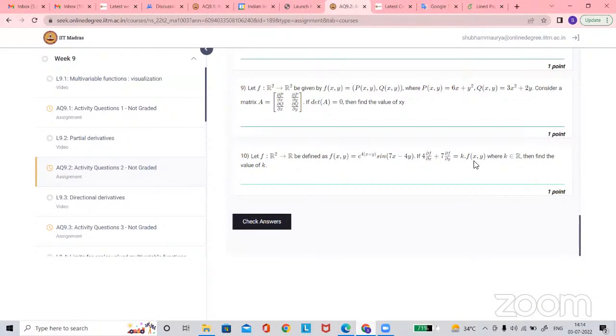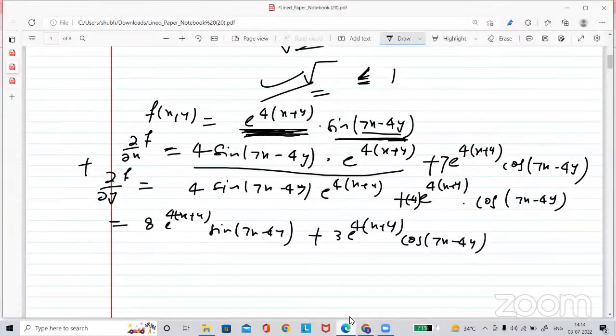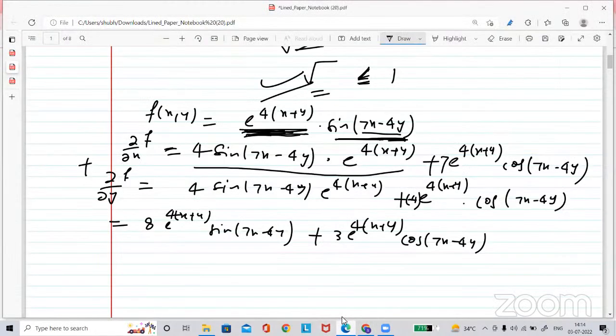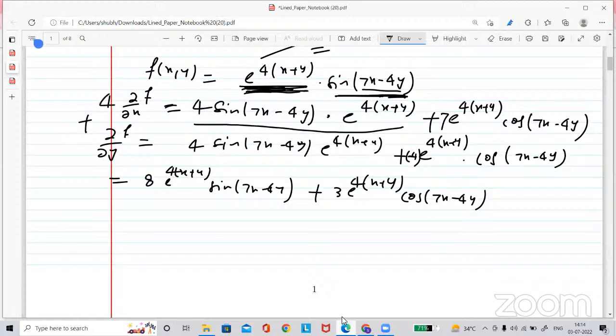K times some function, the same function f is going to be there. 4 del f by del x plus 7 del f by del y is equal to k times f. So this is 4 times del f by del x plus 7 times del f by del y. 4 times is going to be 16 here, and this is going to be 28.